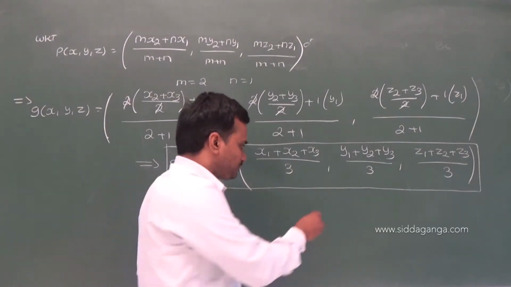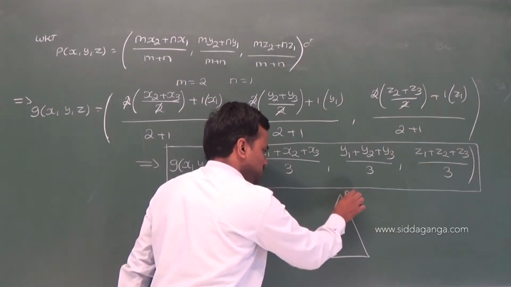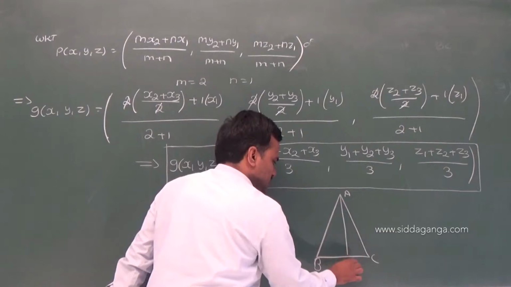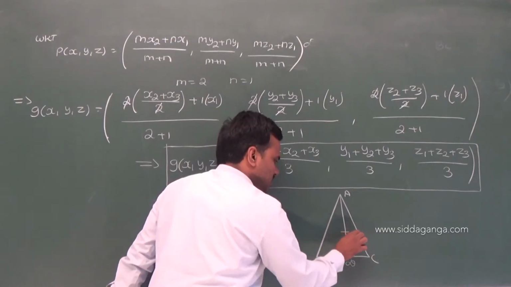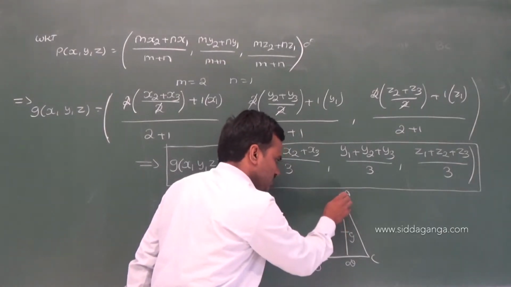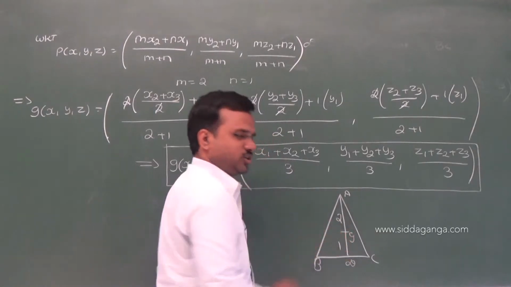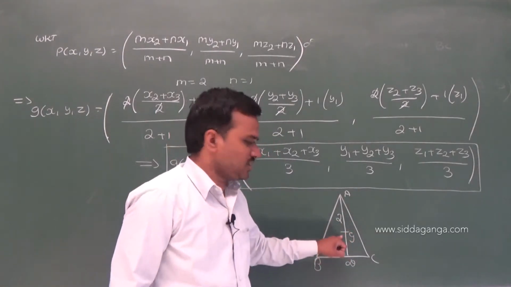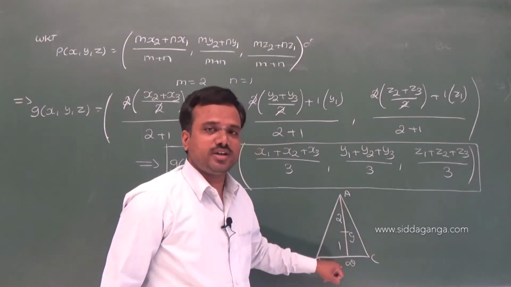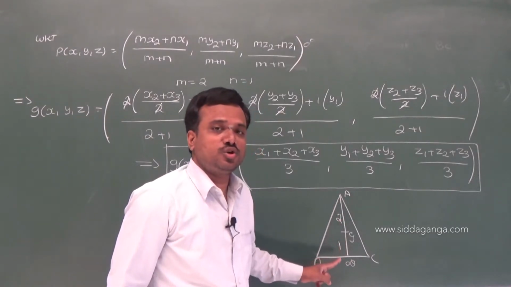Centroid means, in a triangle ABC, once again I say, AD is the median and G is the centroid. It divides the line joining AD in the ratio 2:1.